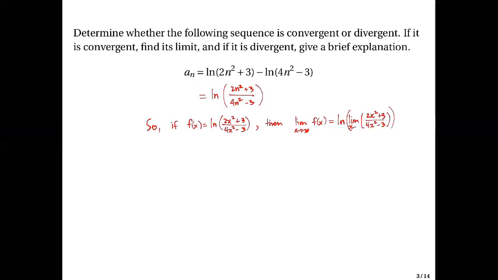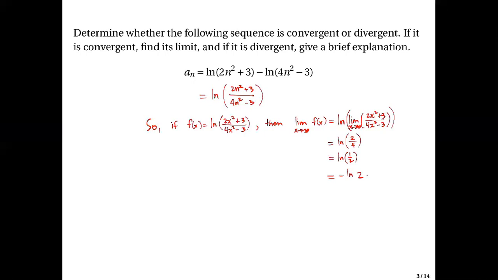As x approaches infinity, this is now equal to ln of 2 over 4, or ln of 1 half, or maybe you can also write this as negative ln of 2.